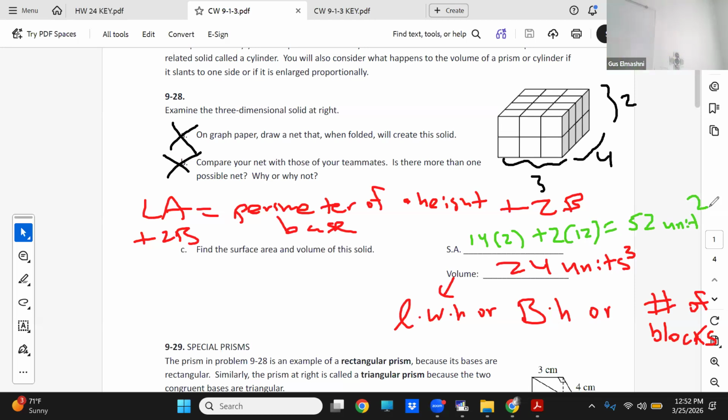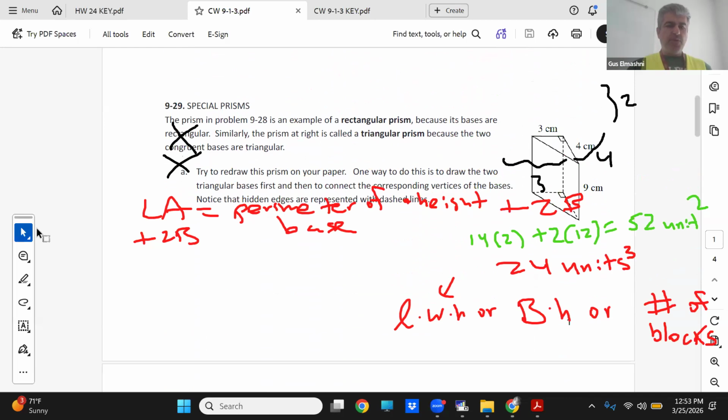Because when you do the perimeter of the base, that gets you all the sides, right? Like the left, right, front, back, the lateral faces. So you have 14 times 2, which is 28, and then the base, 12 and 12. There you go, right? So we get 52. All right, so we're okay with that now? Makes sense? Cool. All right. Okay, let's keep on moving.